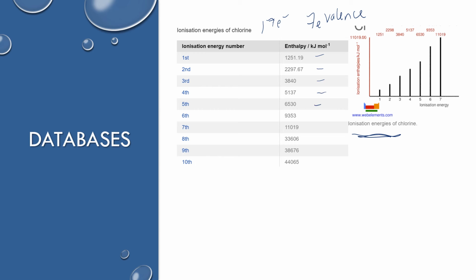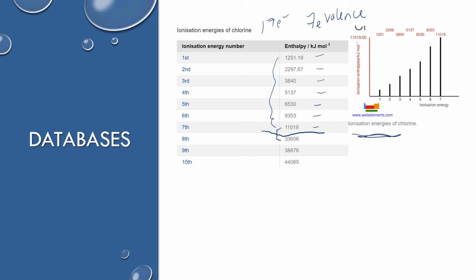You'll see it gets higher and higher, slowly, like 1 to 2,000 for each of these. When you get between the 7th and 8th, it goes up by about 20,000. That is because you're going from the 3rd energy level to the 2nd energy level.